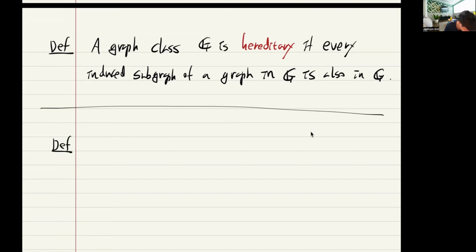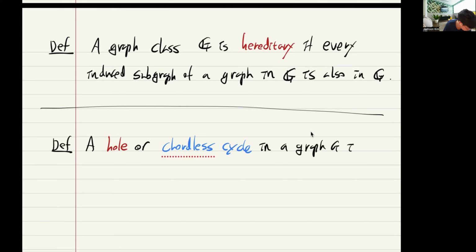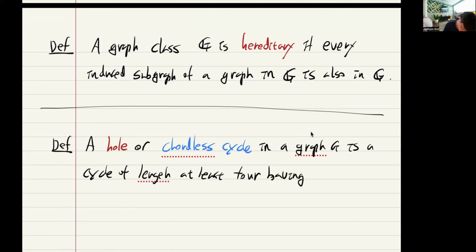And for that, we want to define this concept. A hole, or chordless cycle, in a graph G is a cycle of length at least 4 having no chords.